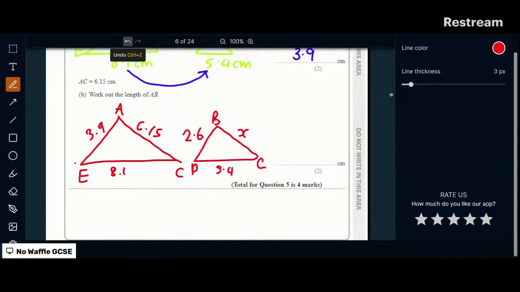So we know that the ratio EC over DC, i.e. the bottom parts, is the same as the ratio AC to BC. Okay, so the bigger part to the smaller part is the same ratio as the bigger part of the other triangle to the smaller part, i.e. we're multiplying all the sides by the same scale factor.